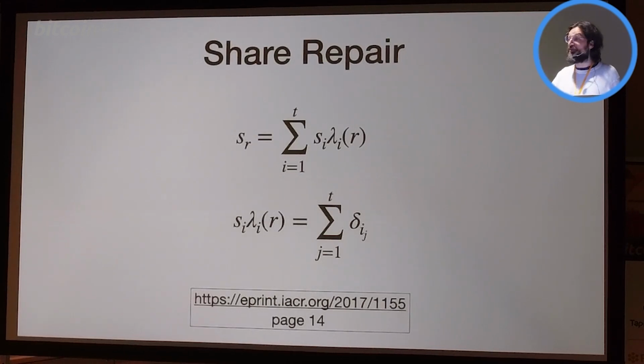When we plug in f of 0, we get the secret. But if we plugged in f of 3, we would get Carol's share. If we plugged in f of 2, we'd get Bob's share. If we plugged in f of 1, we'd get Alice's share.